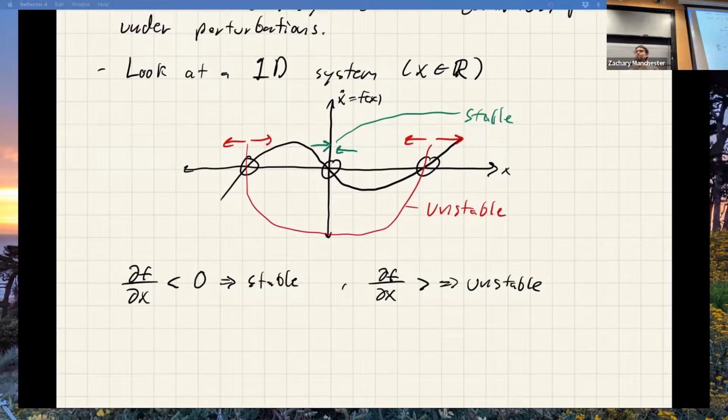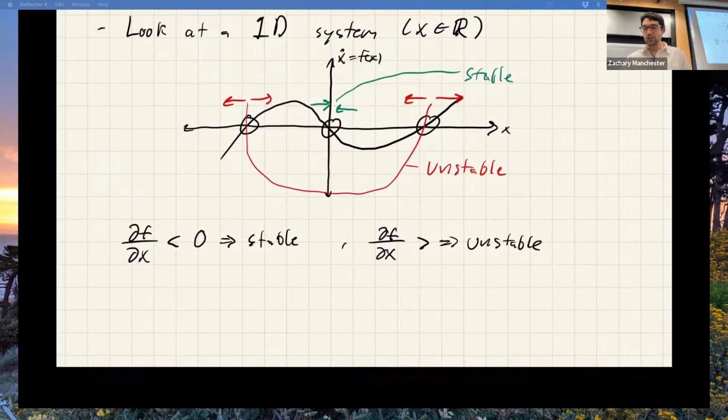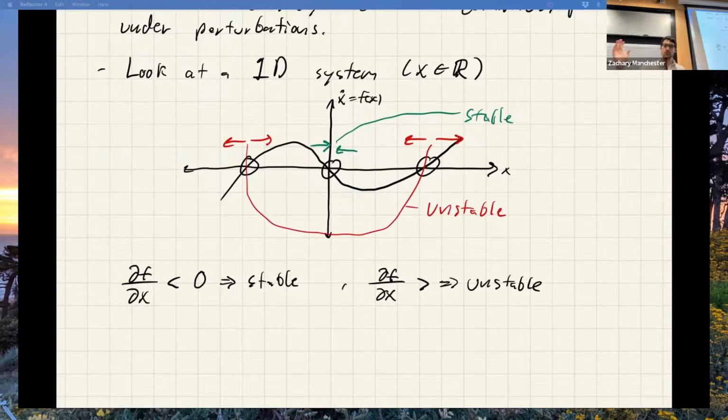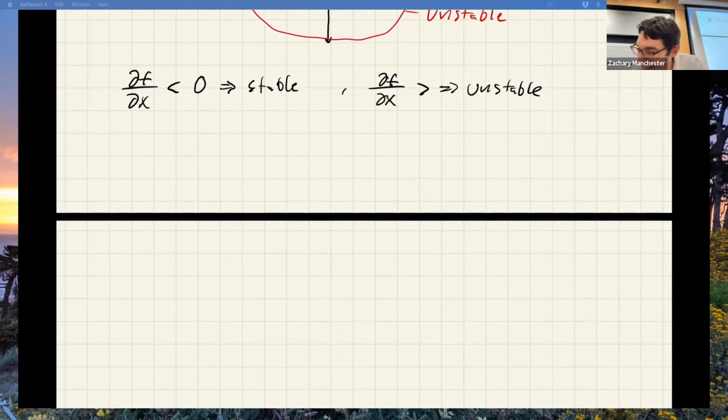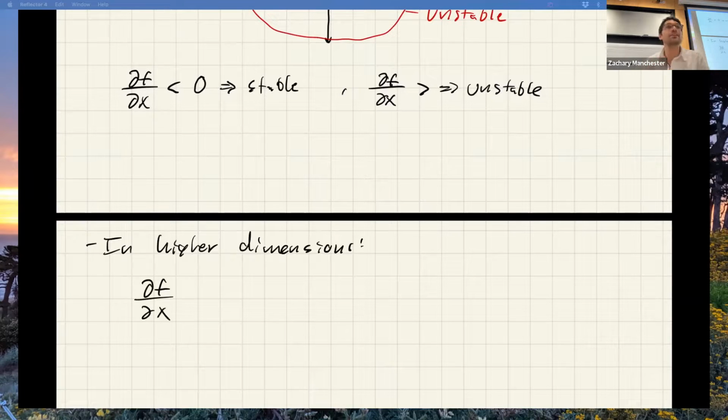Super intuitive, nice little cartoon picture. Turns out the generalization to n dimensions is trivial. So in higher dimensions, what is df dx? If my state's in Rn, this is an n by n Jacobian matrix, right?